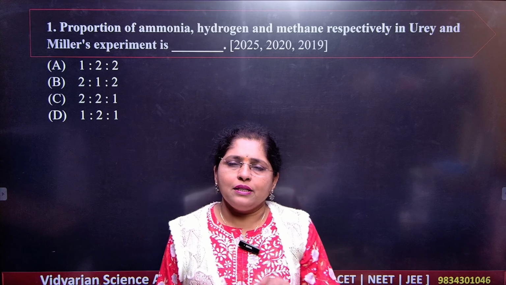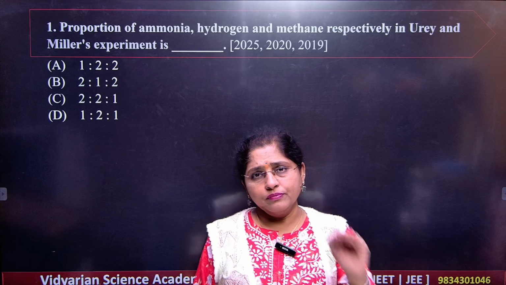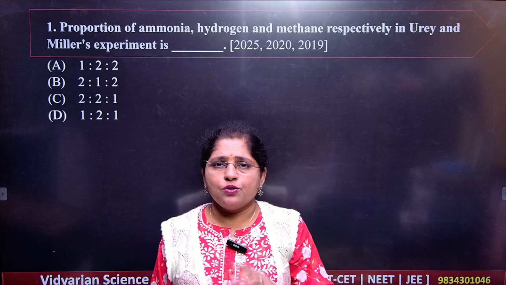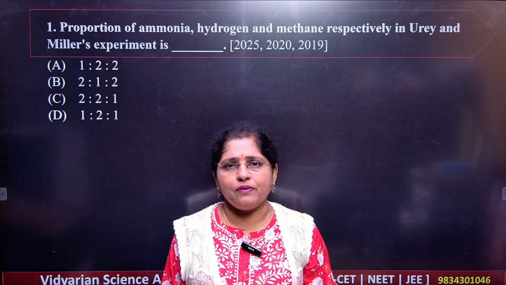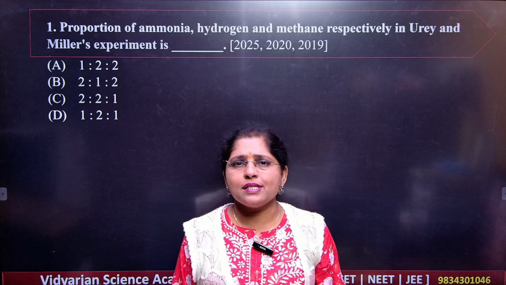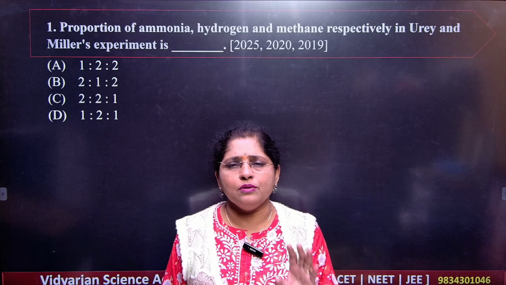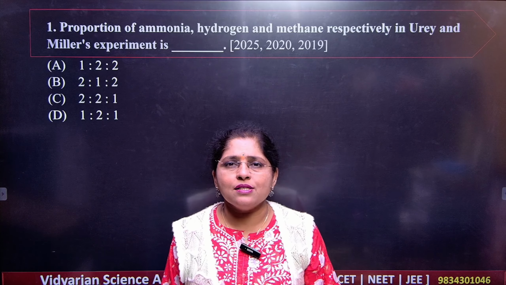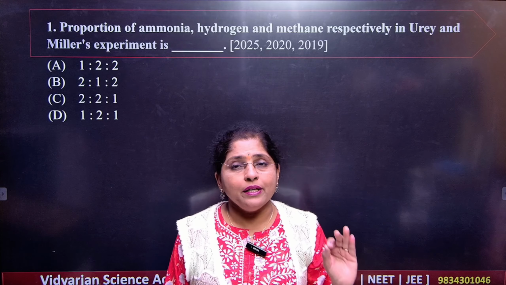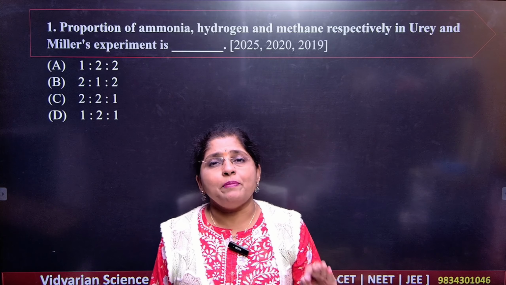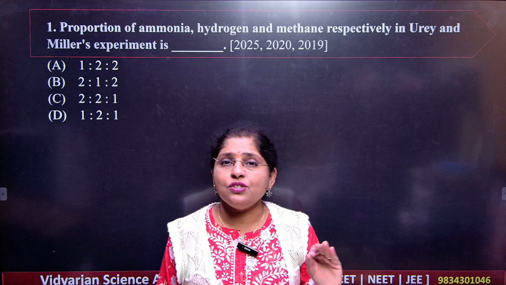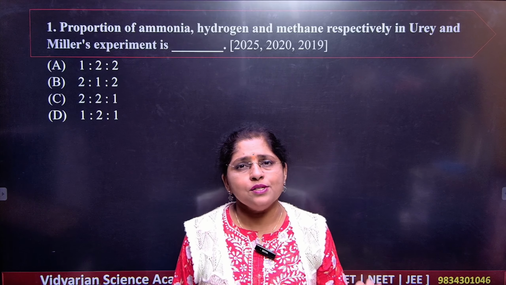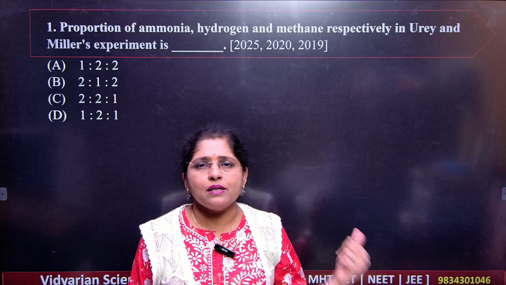And the third and most important thing, for human evolution, you just mug up the chart very perfectly, because you know that one question is compulsory in every paper from this topic. So please revise the topic word to word, read the topic word to word, prepare the mind map, prepare the charts and revise all the things so that you can score full marks in this topic.